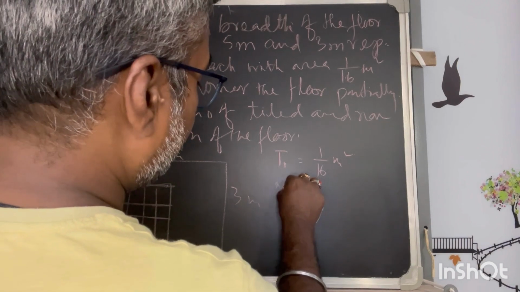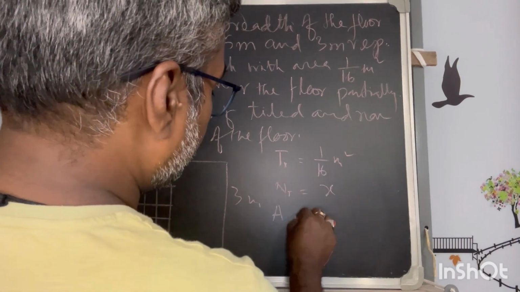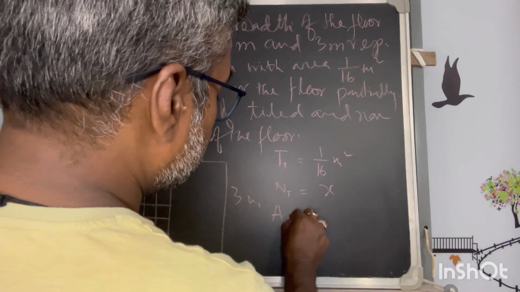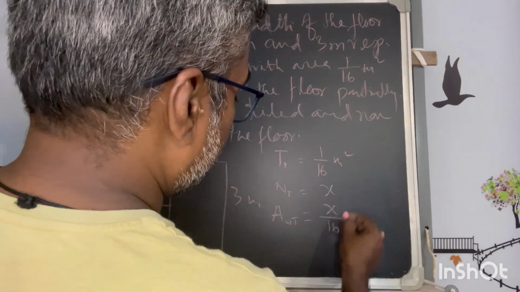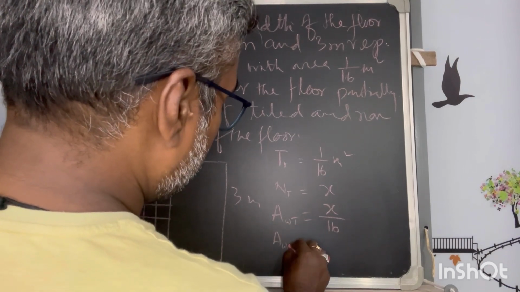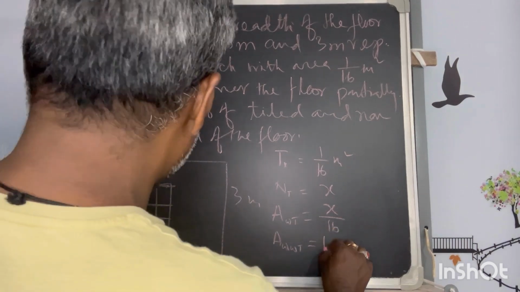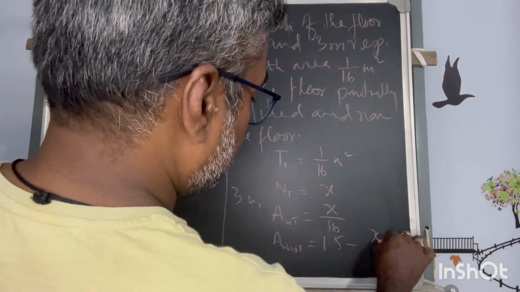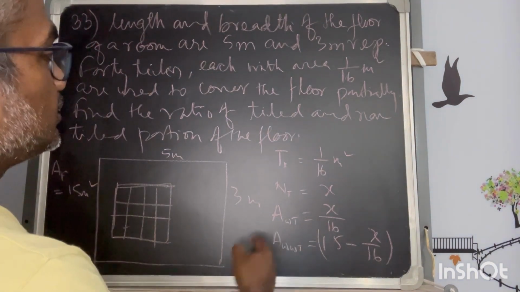Let the number of tiles be x. So the area covered with tiles is x by 16 meter square. Area without tiles is the remaining one, 15 minus x by 16. This is with tiles, without tiles.